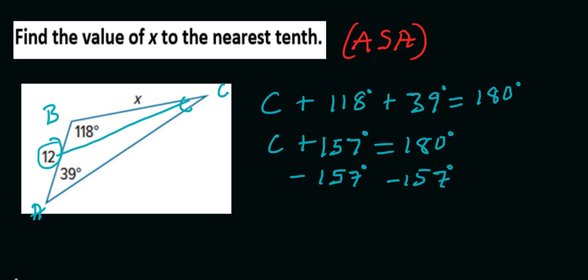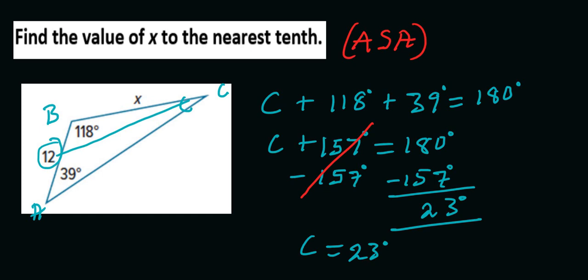This will cancel out, and 10 take away 7 is 3, and this will be 23 degrees. So C is equal to 23 degrees, and we can just plug in the value.